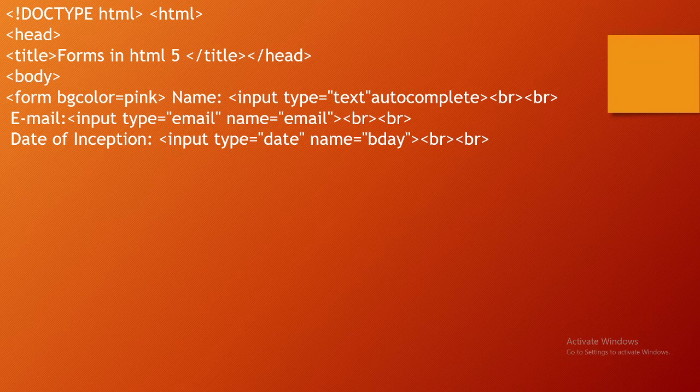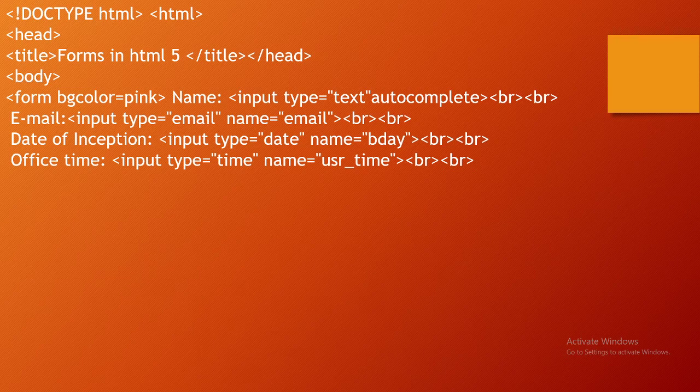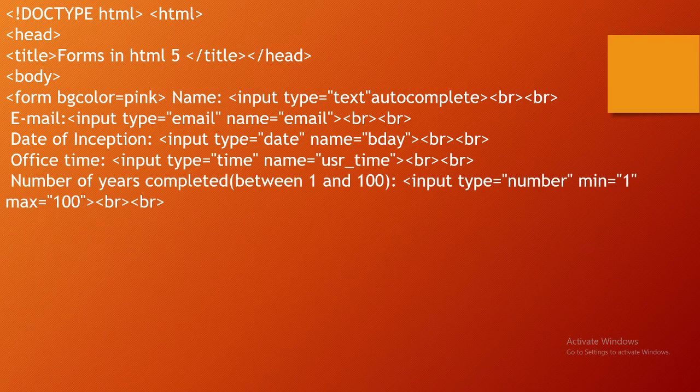Creates a date picker. Next, input type is equal to number. Creates a field which is used to enter number. Min is equal to 1 and max is equal to 100. So, user can enter minimum 1 value and maximum 100 value.